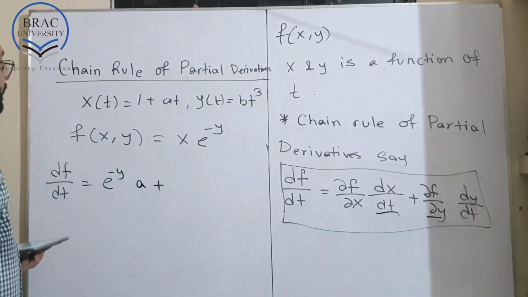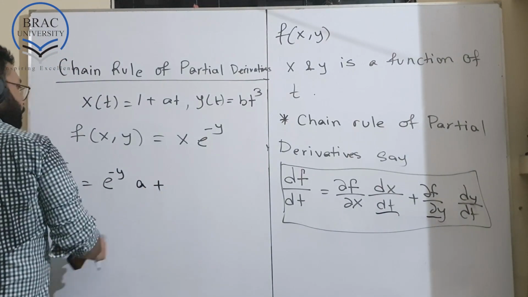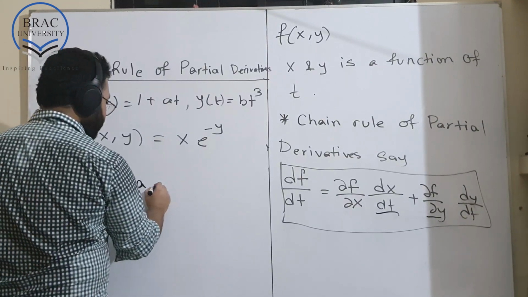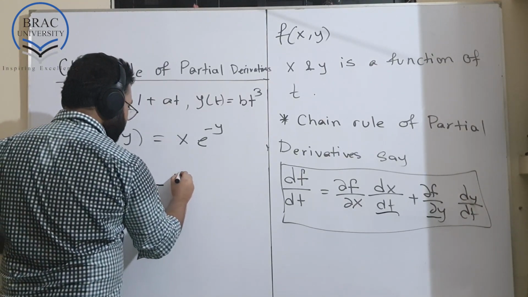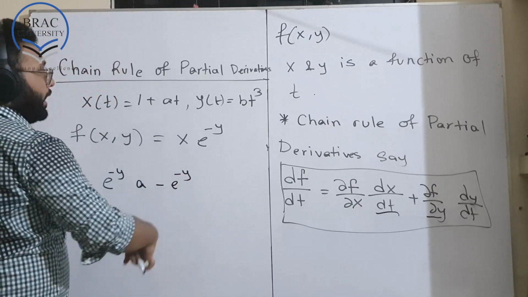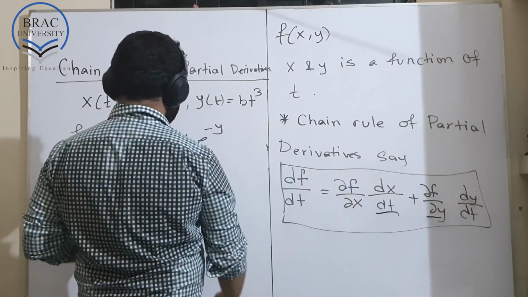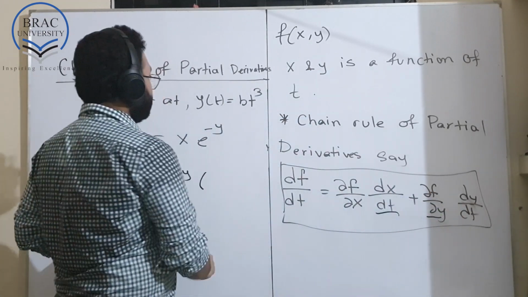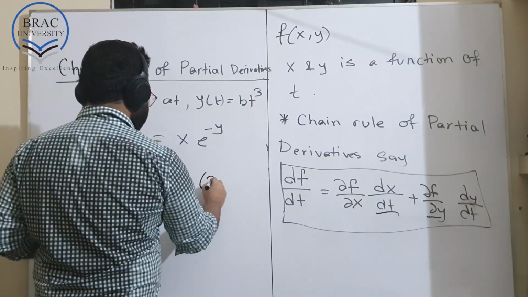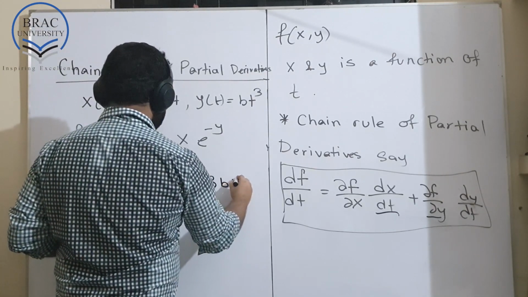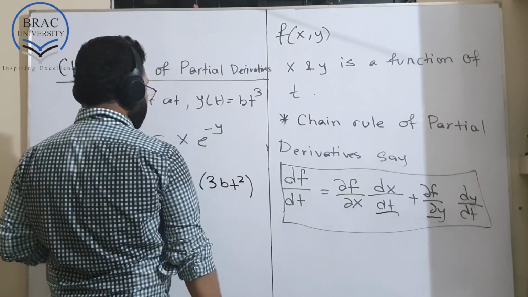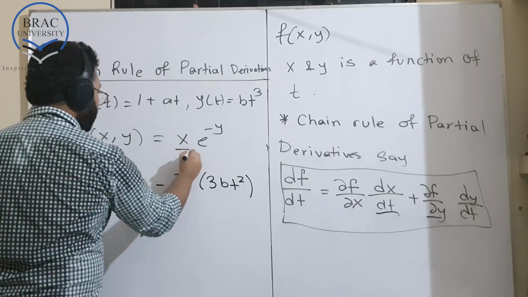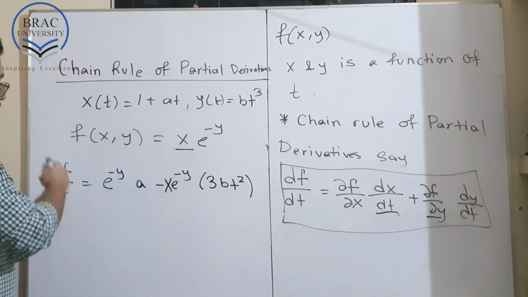We would pick up a negative sign because of the negative in the exponential. And from the second term, dy/dt, we would get 3bt squared. Yeah, did we miss anything? Yes, oh, I missed an x. There should be an x.